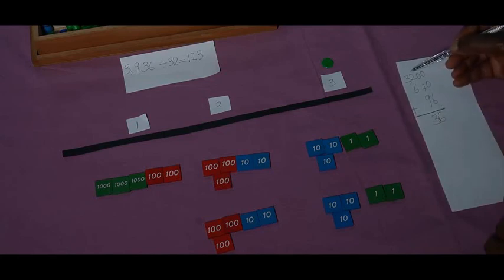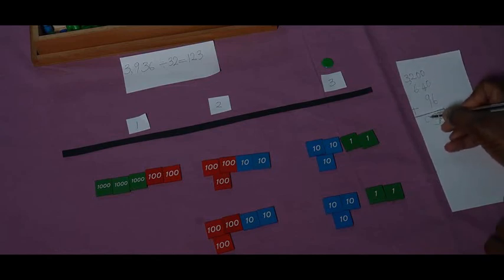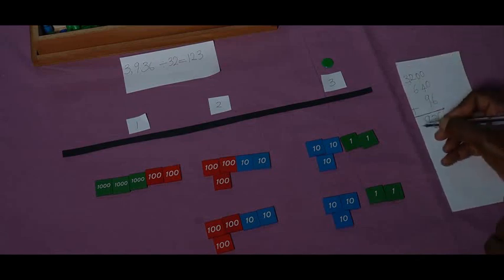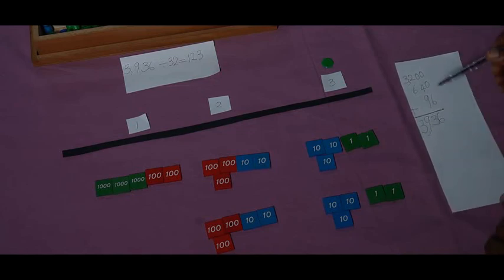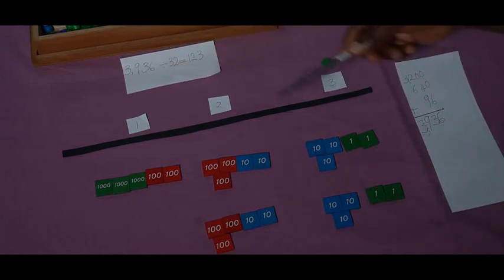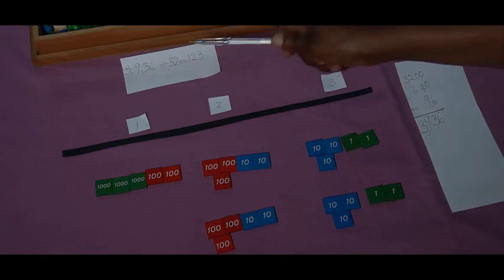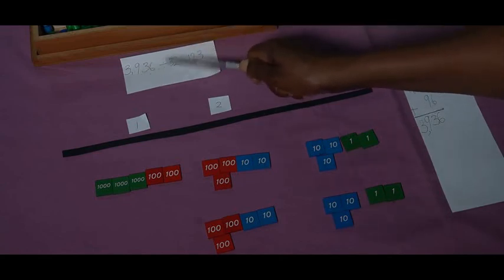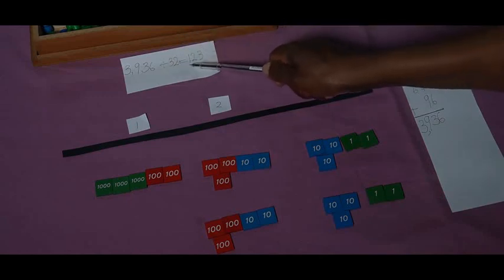Bring 1 to the hundreds category. 1 plus 2, 3. 3 plus 6, 9. And then we have 3 here, 3,000. So we have 3,936, which is the dividend we started with, 3,936. So our answer is correct. 3,936 divided by 32 equals 123.